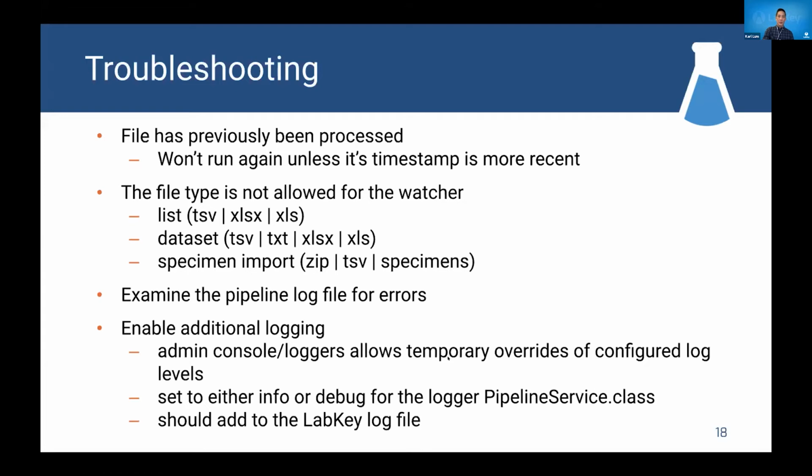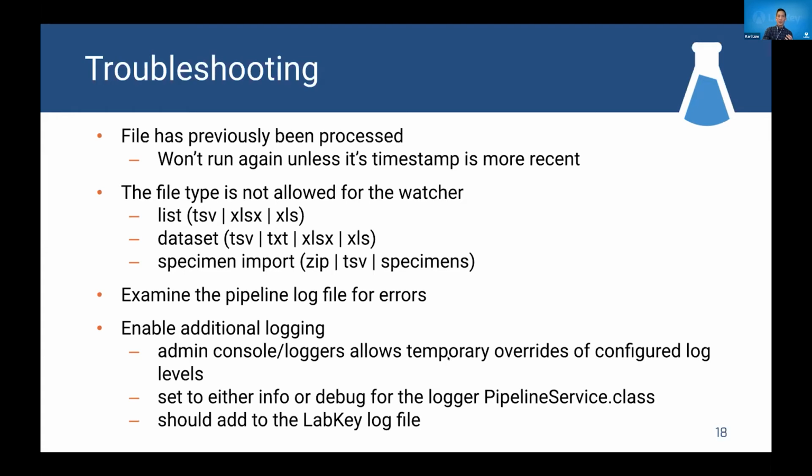Do you have it enabled? Has the file previously been processed? We do track when we take action on the file, we timestamp it just so that we don't process the same file across server restarts.